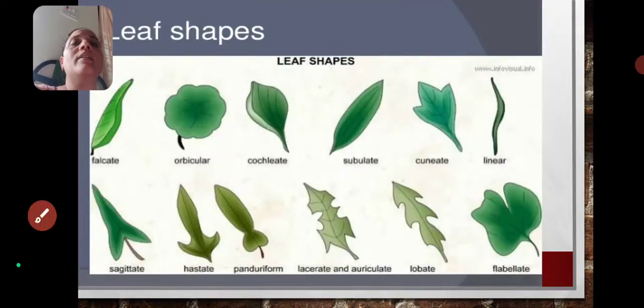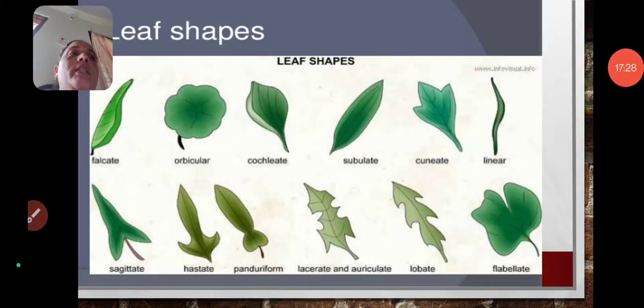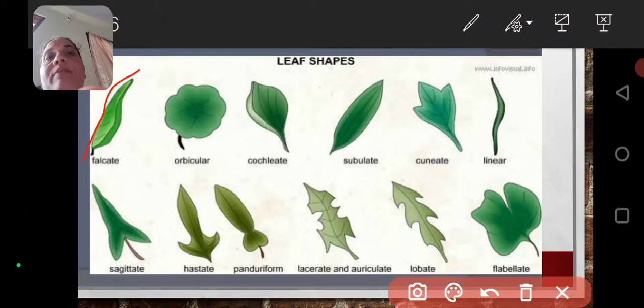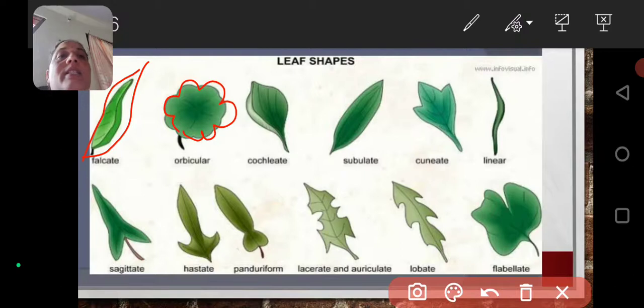So here are some important leaf shapes. Observe the drawings. This is a falcate leaf. And this is orbicular. Orbicular means just like this.